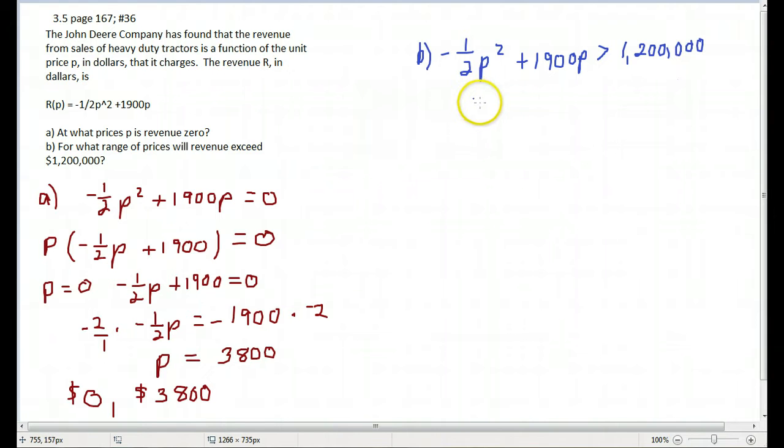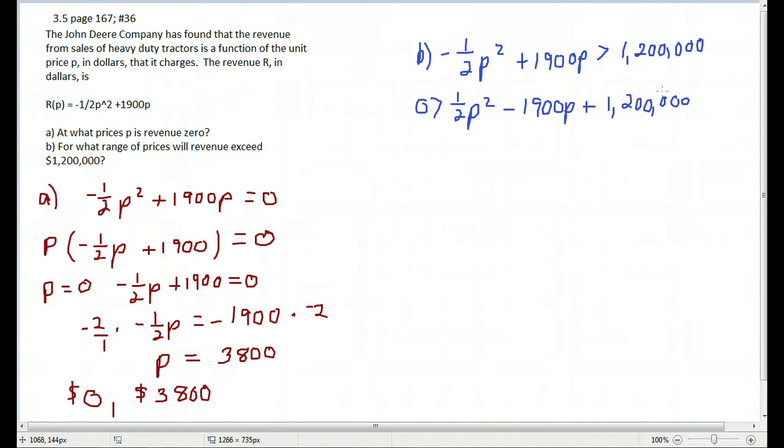Alright, we're going to solve this for P. We have to move everything to the same side of the inequality symbol. Since I like to have my squared term positive, I am going to add 1/2 P squared, and I'm going to subtract 1900 P. So I have 0 is greater than 1/2 P squared minus 1900 P plus 1,200,000.